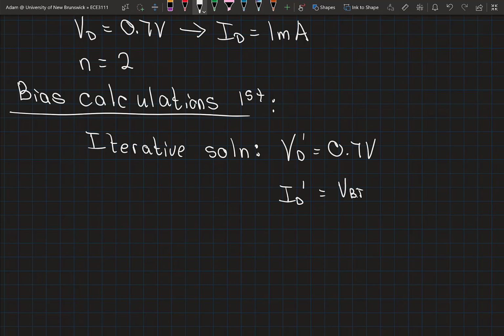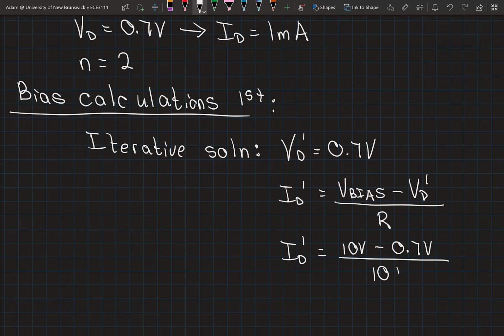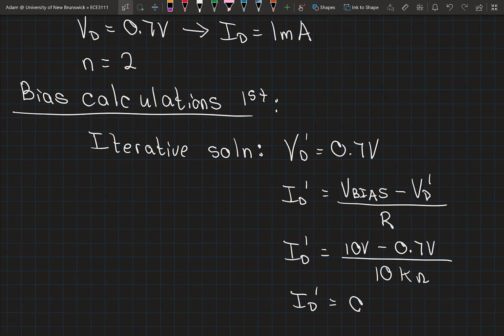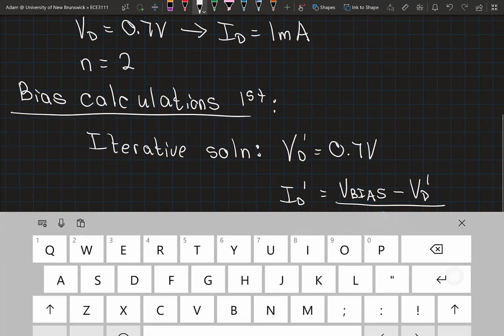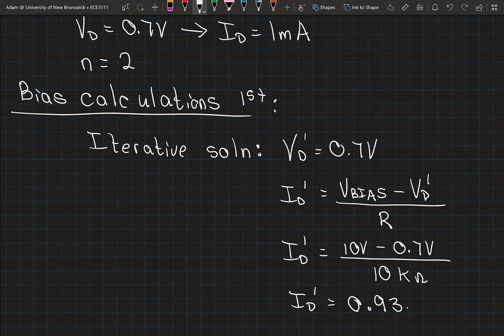So the voltage across the resistor is the bias voltage minus our drop across our diode, divided by the resistance, which should give us the current through that resistor. Plugging in our values, 10 volts minus 0.7 volts divided by 10 kilo ohms gives us a diode current, or bias current, of 930 microamps or 0.93 milliamps.